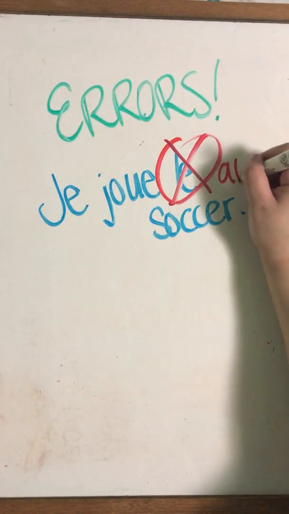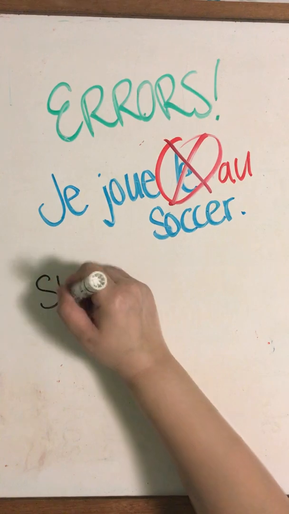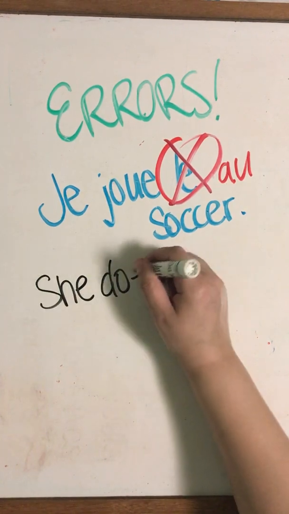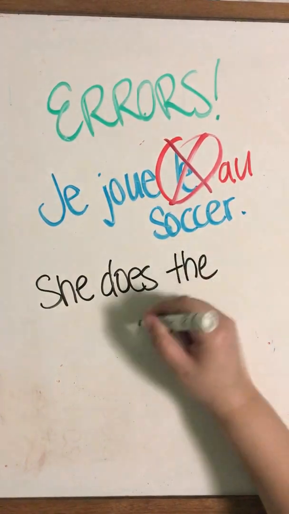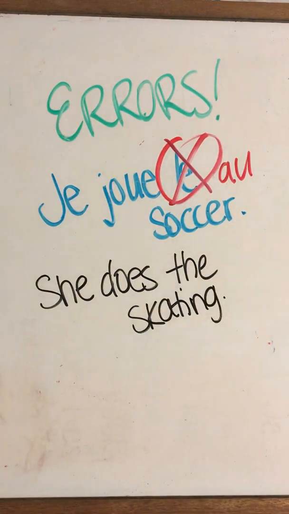Obviously, I know there's going to be au soccer. Another error that I see when you have to put things into English. She does the skating. Now, this is getting into Alienville. Remember when we were talking about clothing? We don't talk like that in English. She does the skating. What is a better way to say that? She skates.